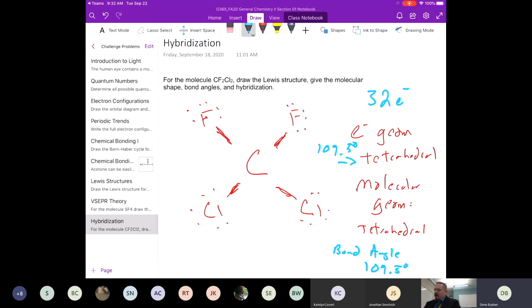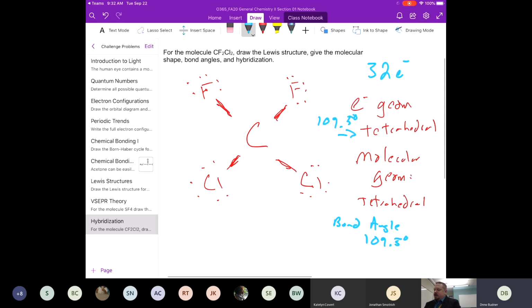Okay. And then the last thing we want is the hybridization. The hybridization, again, is going to come from this electron geometry. We have to figure out where we put electrons, right? And in this, what we're going to do is mix together as many atomic orbitals as we need places to put electrons.